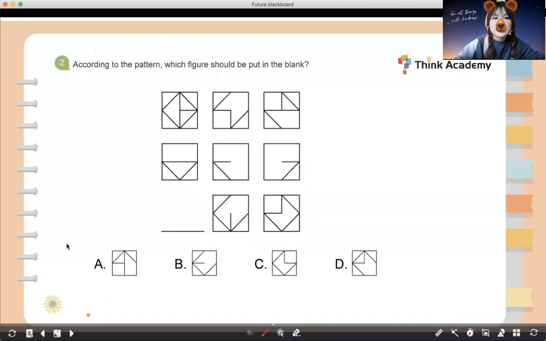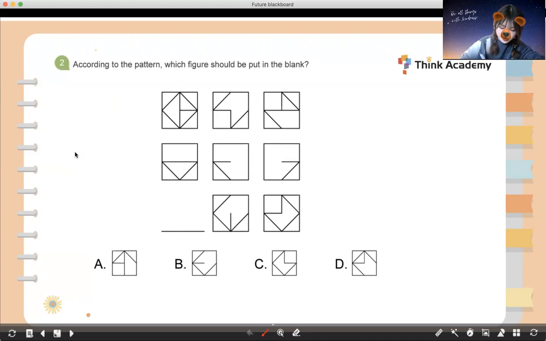And then the second question. The second question is, according to the pattern, which figure should be put in the blank? So here, the first question is, how do we look at this figure? One thing is you can start with the most similar one.